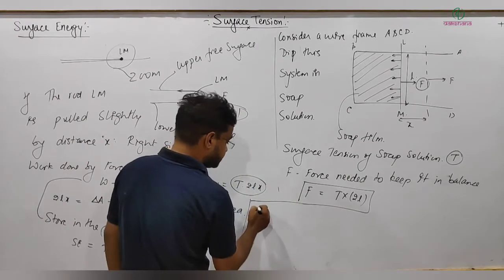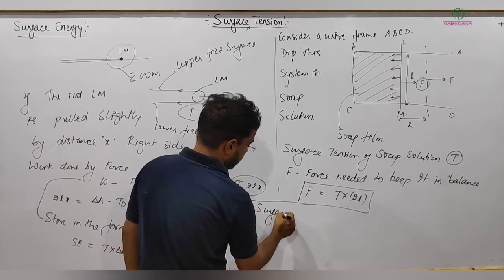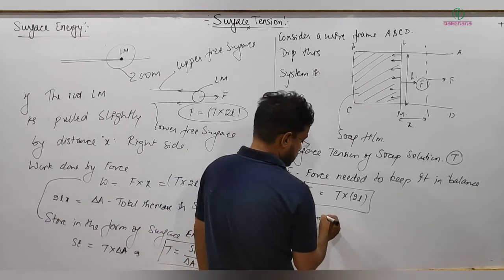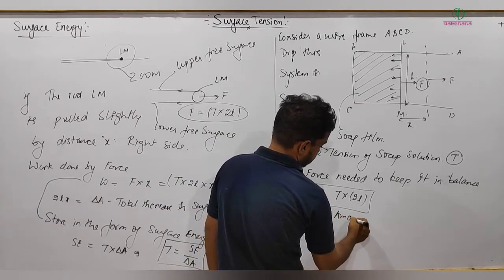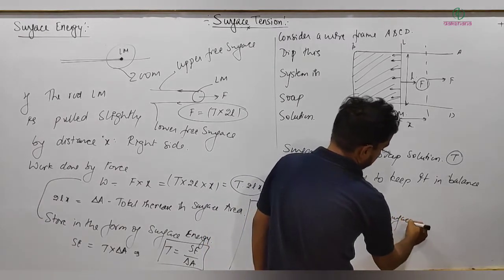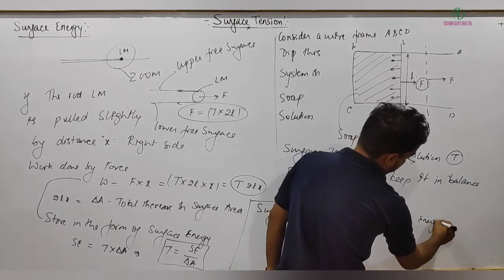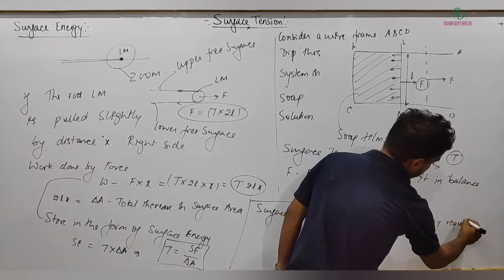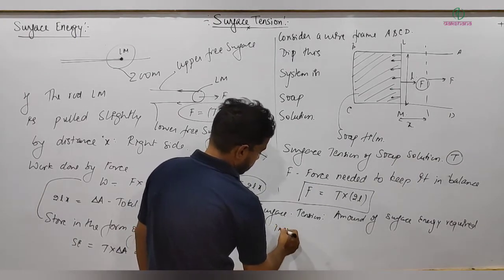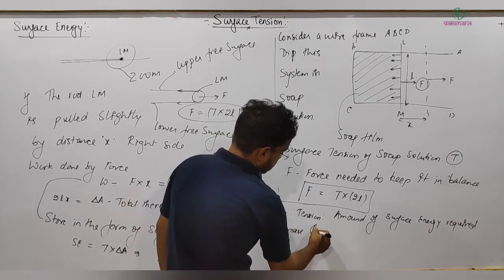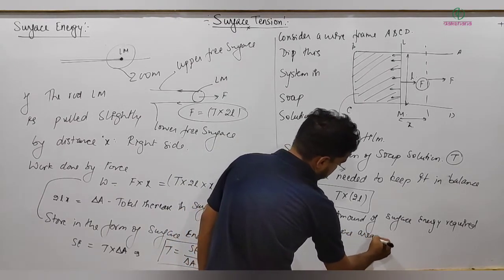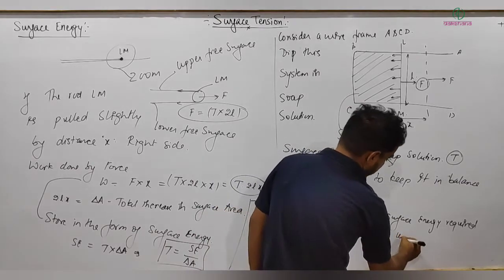Surface tension is also defined as the amount of surface energy required to increase the surface area by unity.